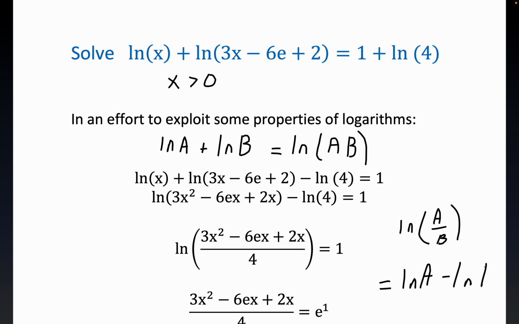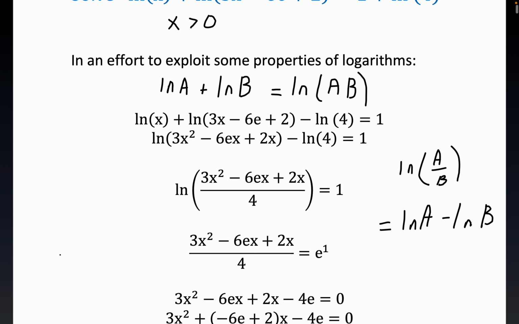And that's what leads to this statement right here. We have a difference of two logarithms. This minus sign that you see right here is the same as the minus sign you see right here. And so this pair of logarithms becomes a single logarithm.